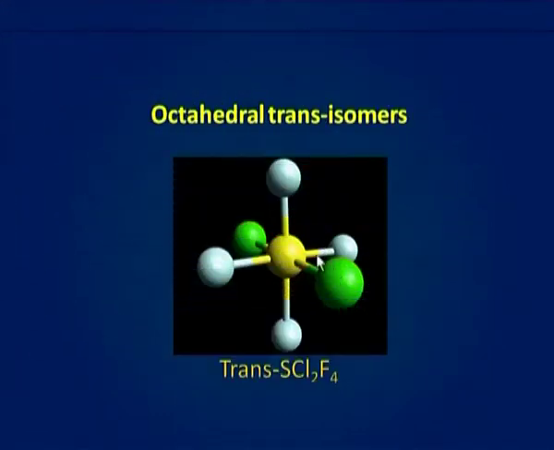Here is the trans isomer for SCl2F4. This isomer is a trans isomer because the chlorine ligands are on opposite sides and the bond angle between the chlorine atoms is 180 degrees. All other isomers are essentially just rotations of these two isomers.